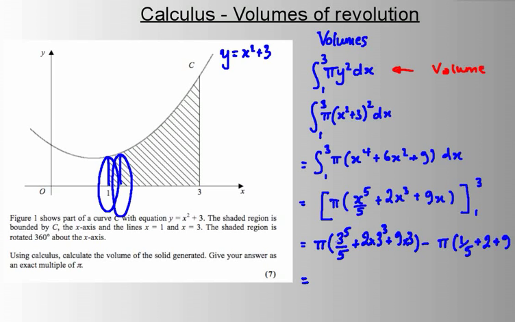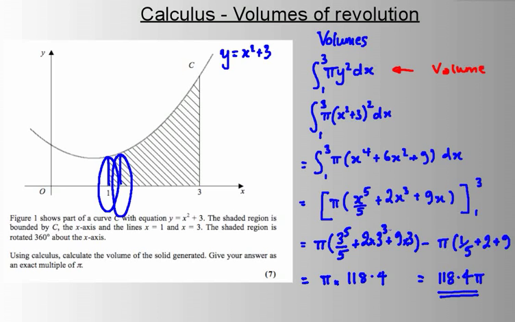Work all this out, throw it in your calculator. What we get is pi multiplied by, I think, 118.4. You'll guess that I didn't do that in my head; I've done that before I set off, and that is my volume.